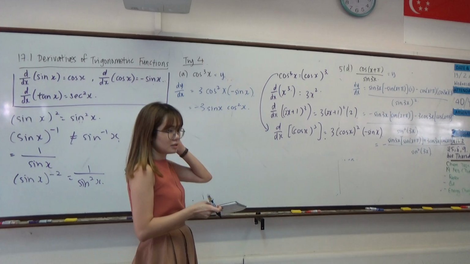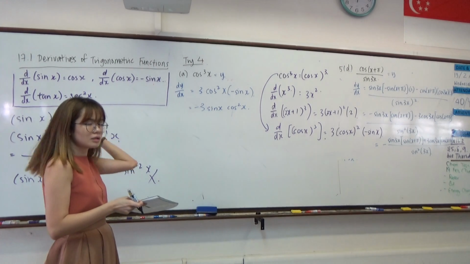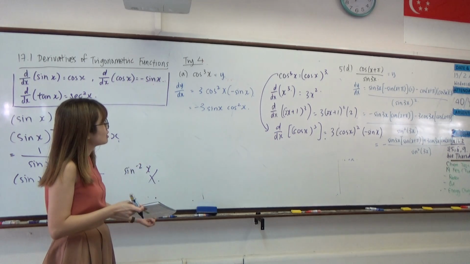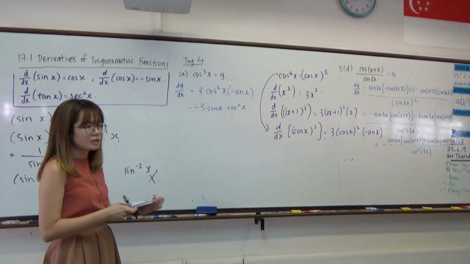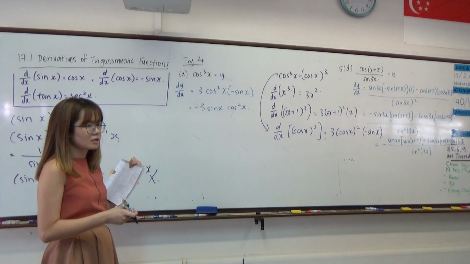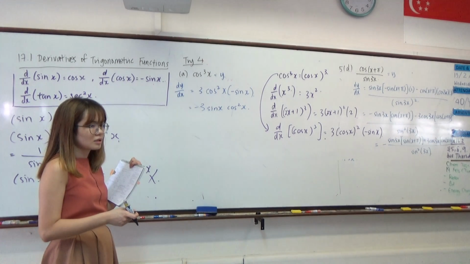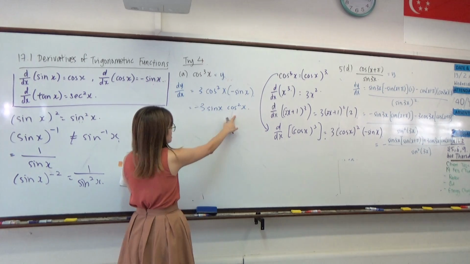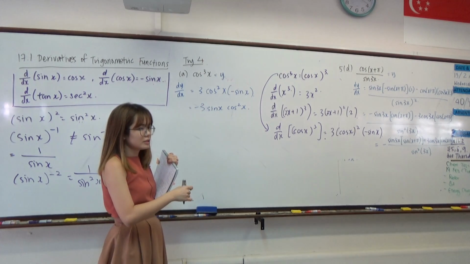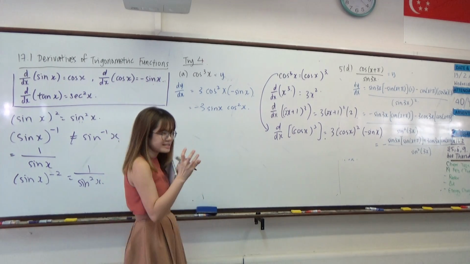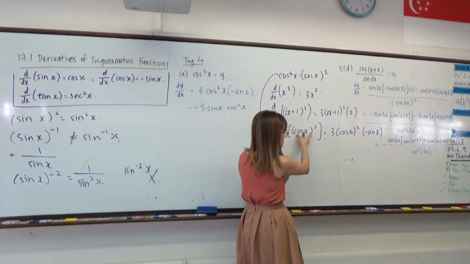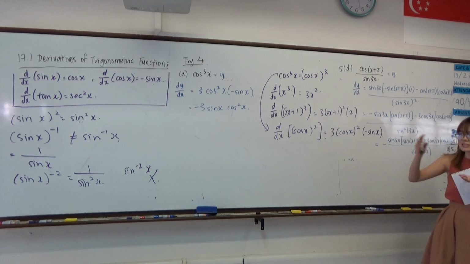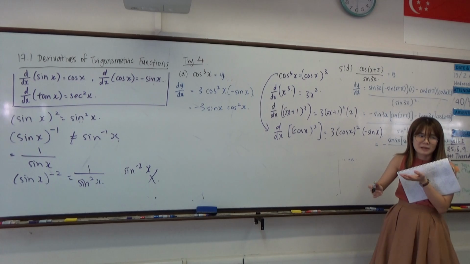But it's not equal to negative sine x alone, there's still this and this part. Understand that what you get is because differentiating cosine x itself gives negative sine x. It's not about the power; the power is about how the power rule is applied.